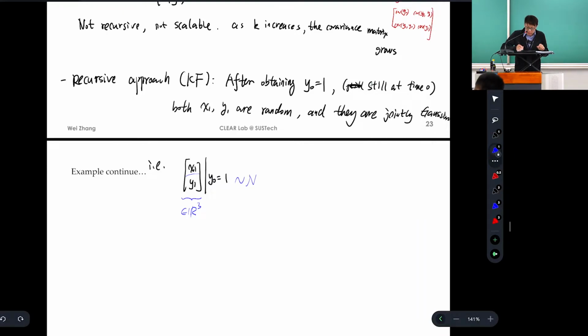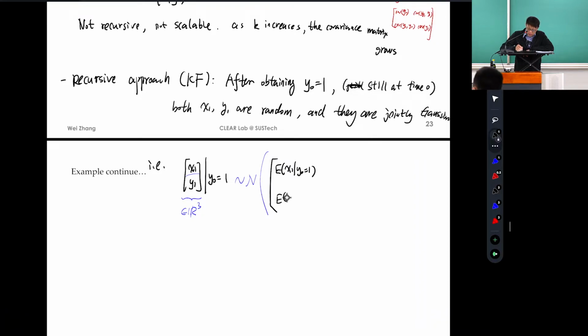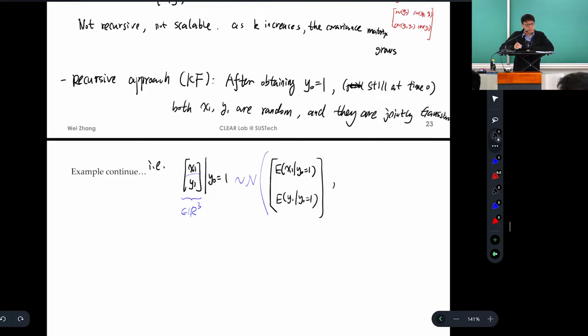Any jointly Gaussian has a distribution characterized by mean and covariance. That mean will be the expectation of x1 given y0 equal to 1, and the expectation of y1 given y0 equal to 1. That's the expectation of the state and the output given your knowledge about y0.